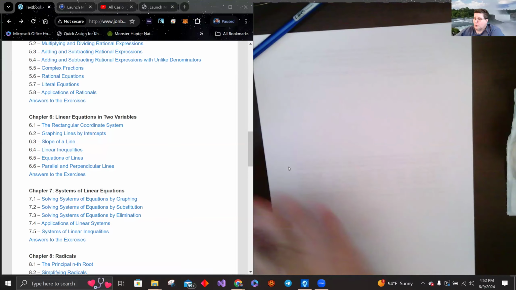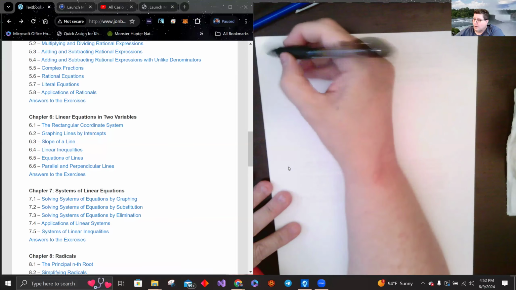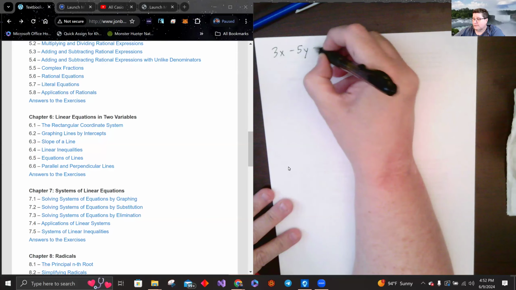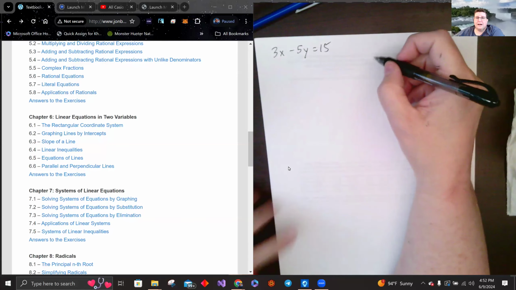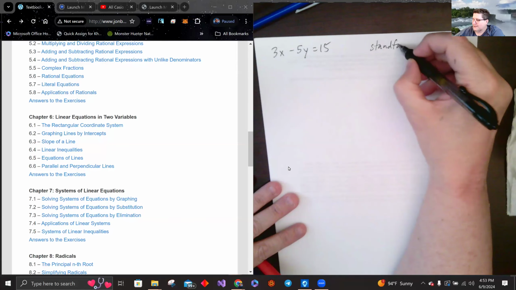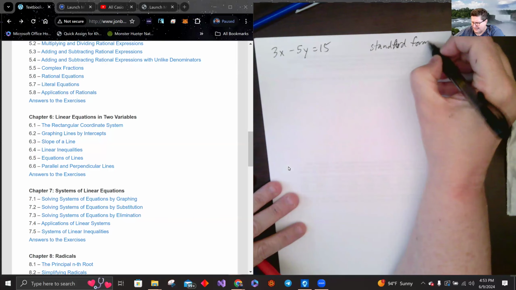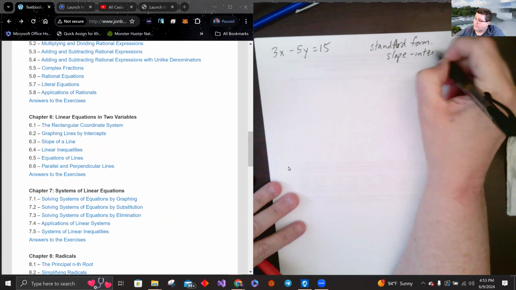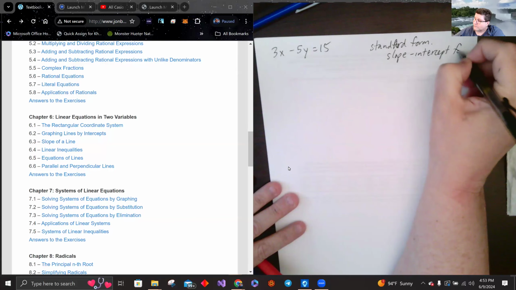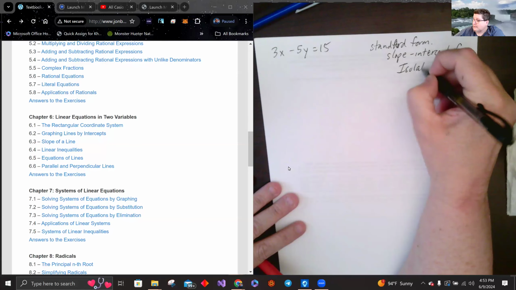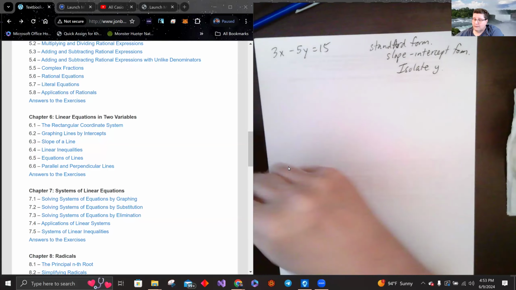So let's do 3x minus 5y equals 15. This was the standard form, and there's no m in this form. So we want to write it in slope-intercept form, which means isolate y. Get it by itself.